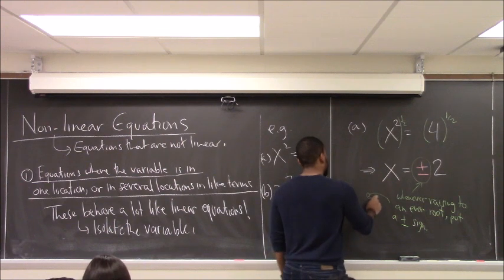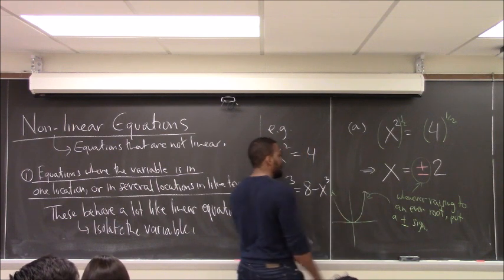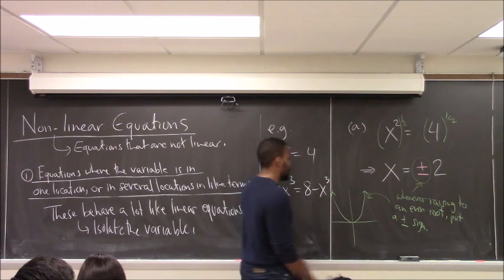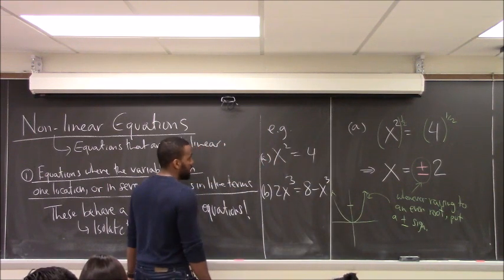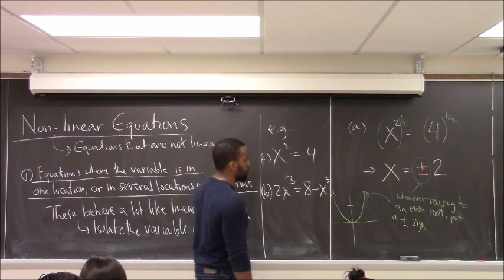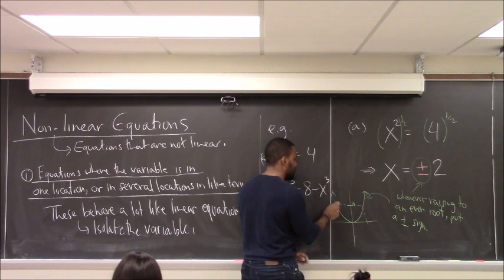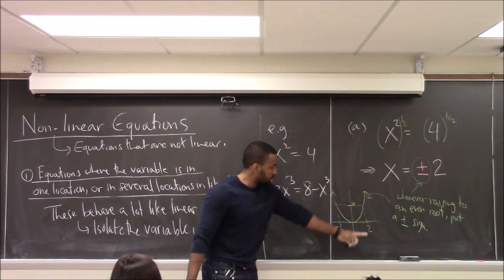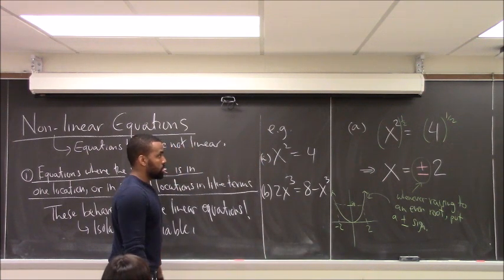The reasoning for that is, if you look at the picture of something like this, an even-powered thing will often have several locations giving you the same value. So if you want the x squared to give you 4, well, here's your 4. You'll notice that there are 2 locations from which you can get that 4. You can either square positive 2 or you can square negative 2. And so that's the case.